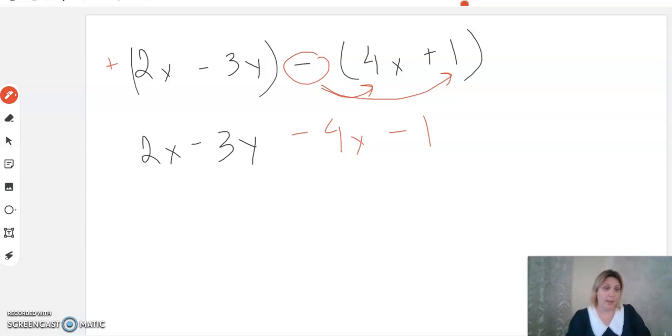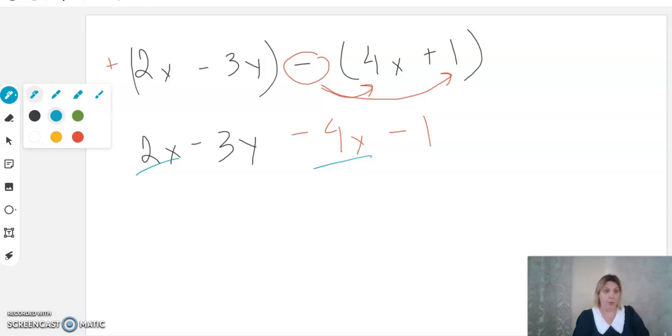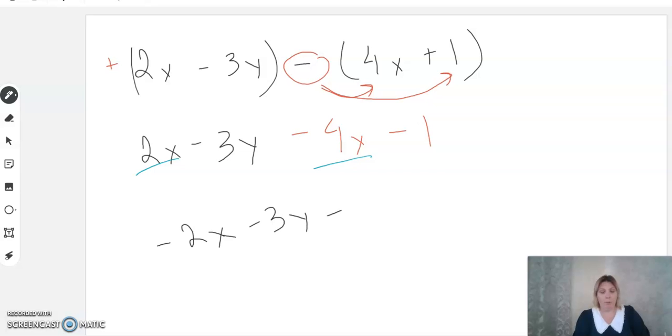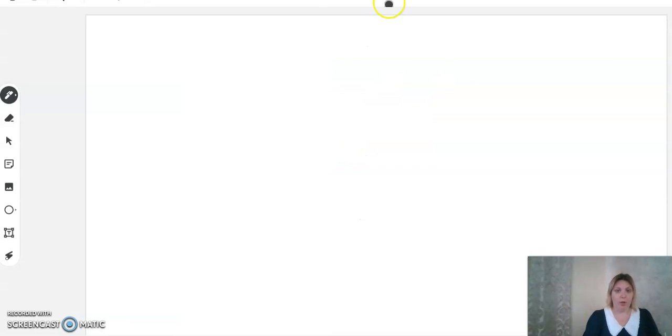And now you can collect the terms. So you have 2x and minus 4x. 2 minus 4 is minus 2. So you're going to have minus 2x minus 3y minus 1. Everything's so negative.